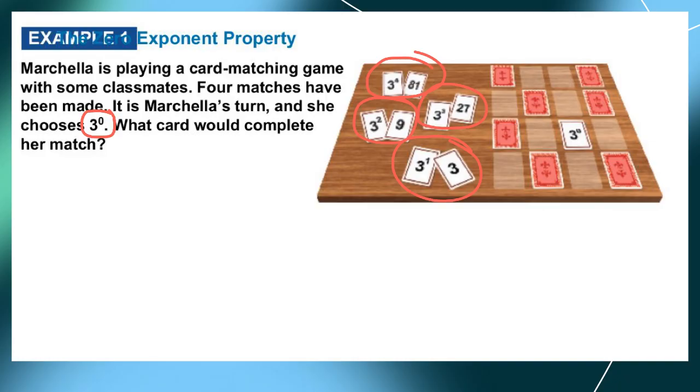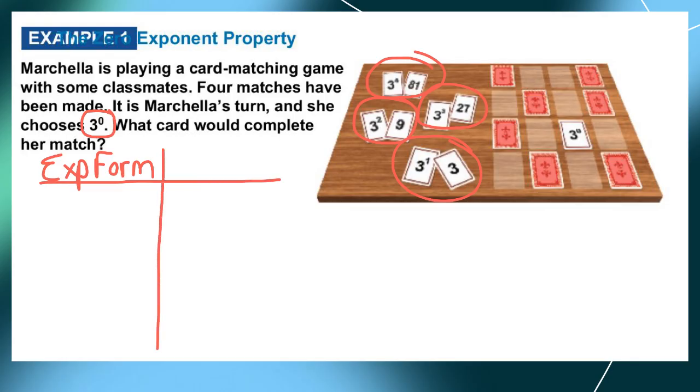So let's start by just organizing our data. So we have both exponential form and we have standard form, or what it equals. And we have 3 to the 4th. 3 times 3 times 3 times 3 is 81.